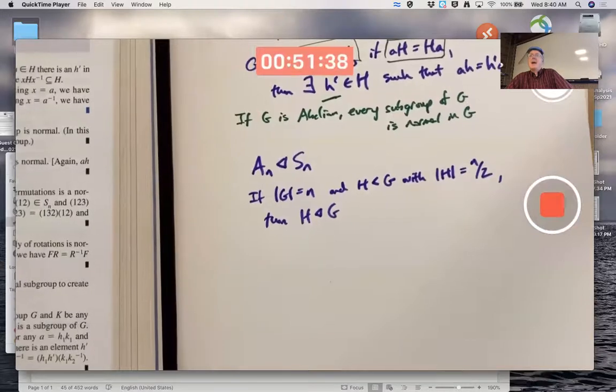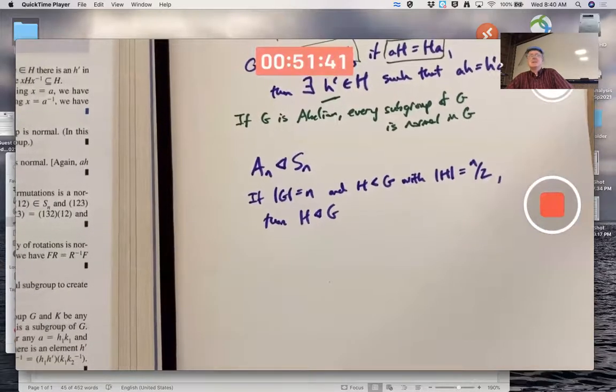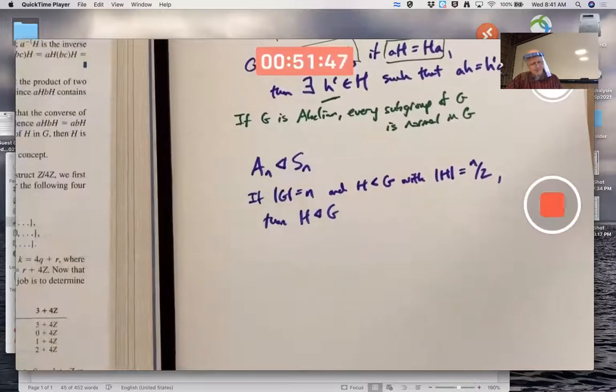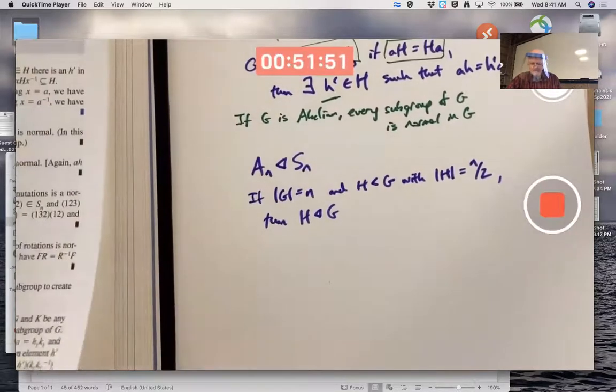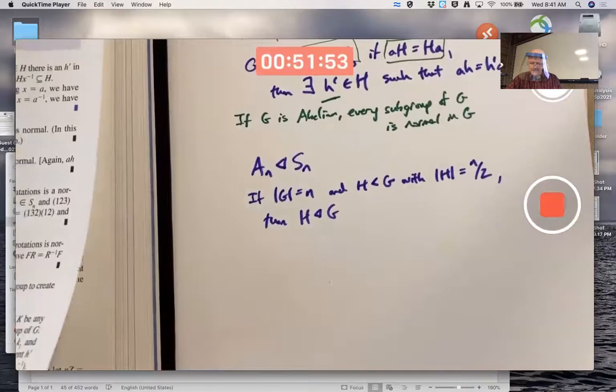So if your subgroup has half the size of the entire group, it's automatically normal. That is mentioned in chapter 9 somewhere, I'm forgetting where. Emphasized, something like that.